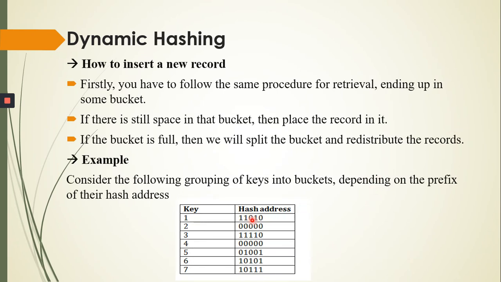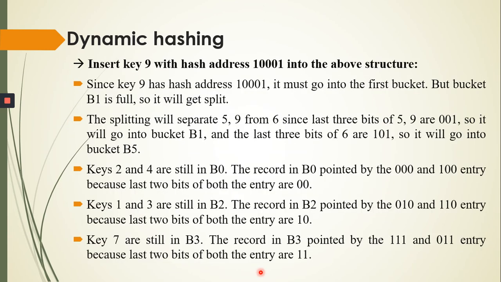So for 1 we consider 010, for 2 we consider 000, for 3 110, for 4 000, for 5 001, for 6 101, and for 7 111. So 9 will go into bucket B1, and the last 3 bits of 6 are 101, so it will go into bucket B5.